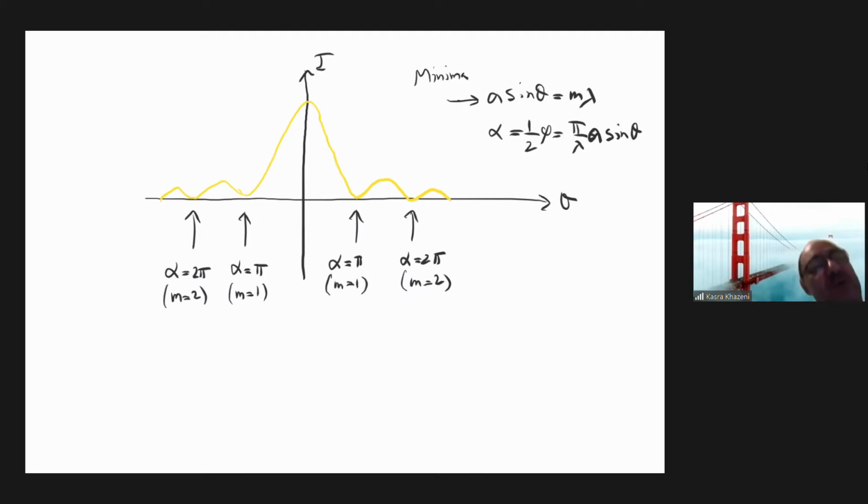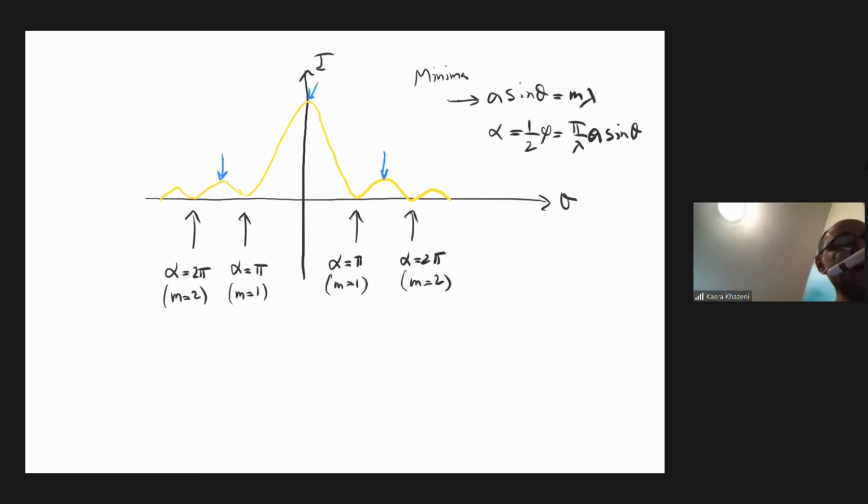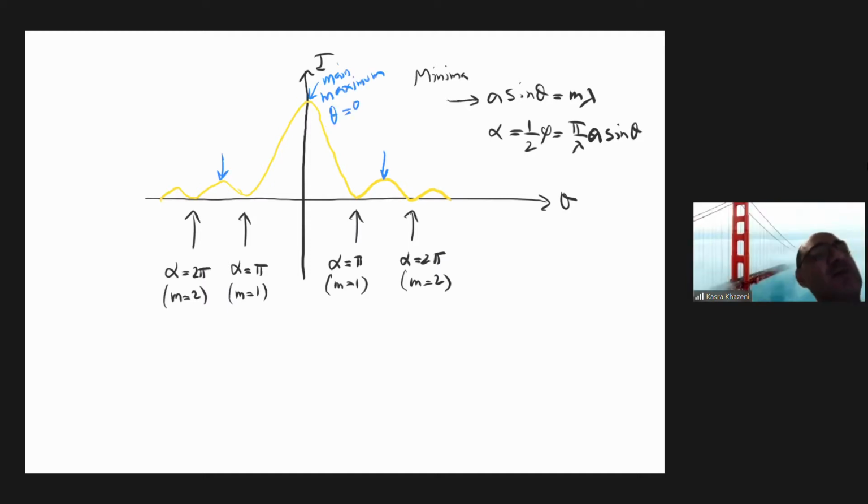Okay, so, and maximum locations. Now, how about maxima? Well, first of all, the main maximum location is right at theta equals 0. And that's obvious. Okay? But how about the other ones? These other secondary maxima. What are these?